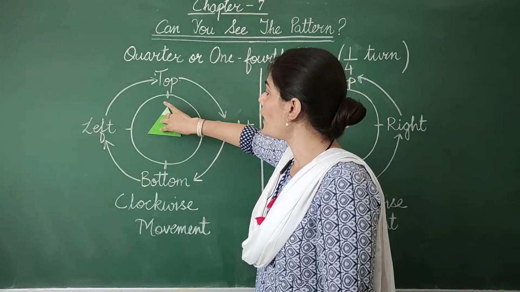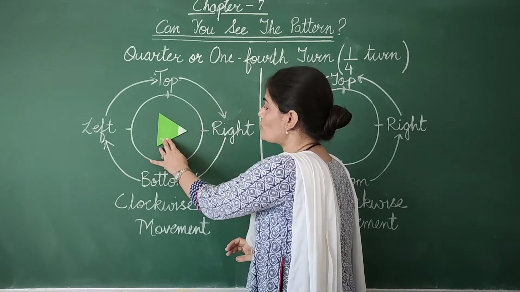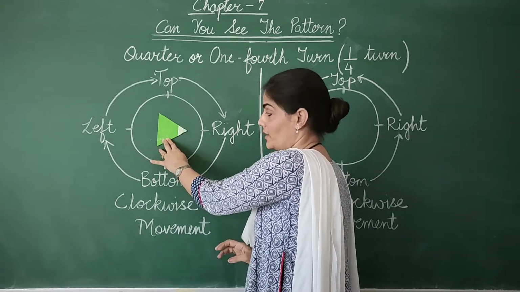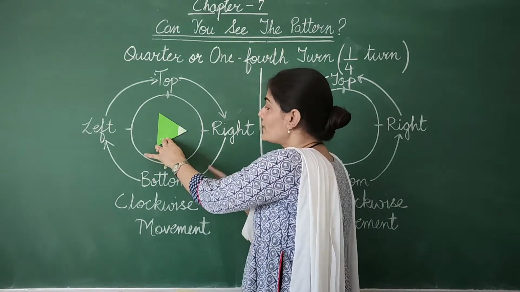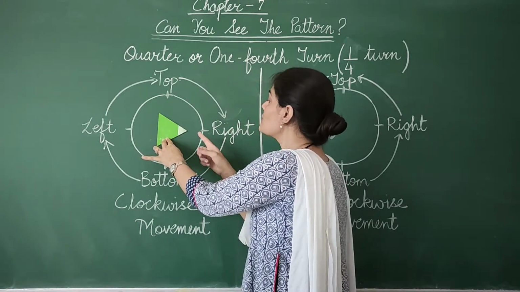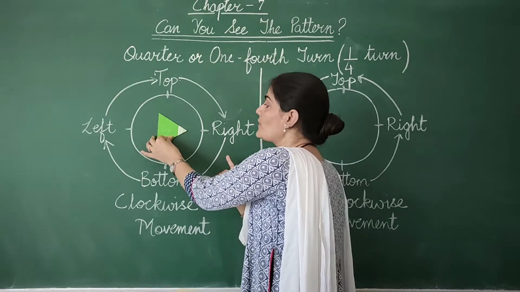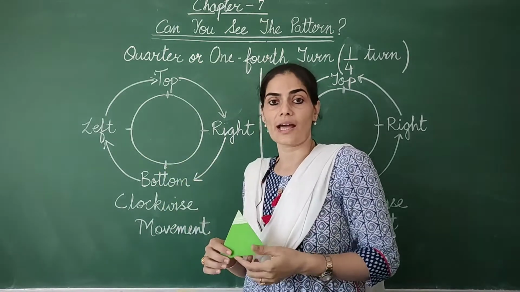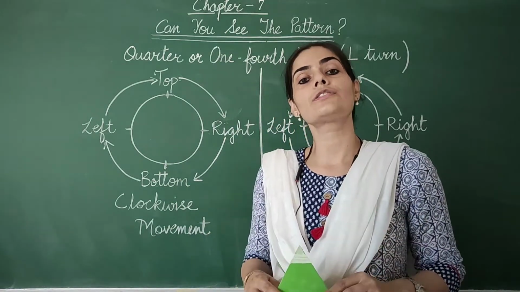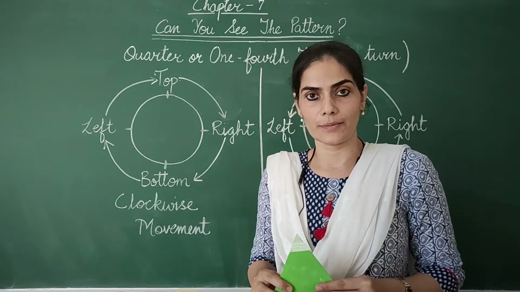And if we give it one more 1/4 turn, this is how the object will be looking. So now you know that from 4 1/4 turns, the object is back on its original position. And that is why we said that 4 1/4 turns are equal to 1 whole turn.